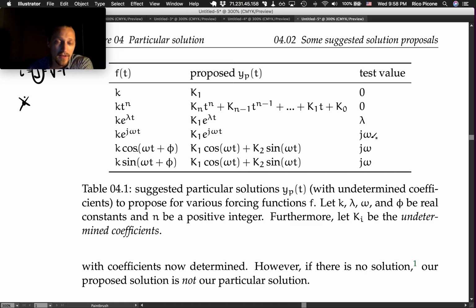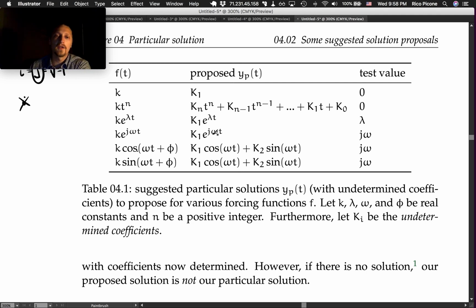If it is, then you have to put a t here. If there's only one of them, you have to put a t. If there are two of them, you have to put a t squared, etc.